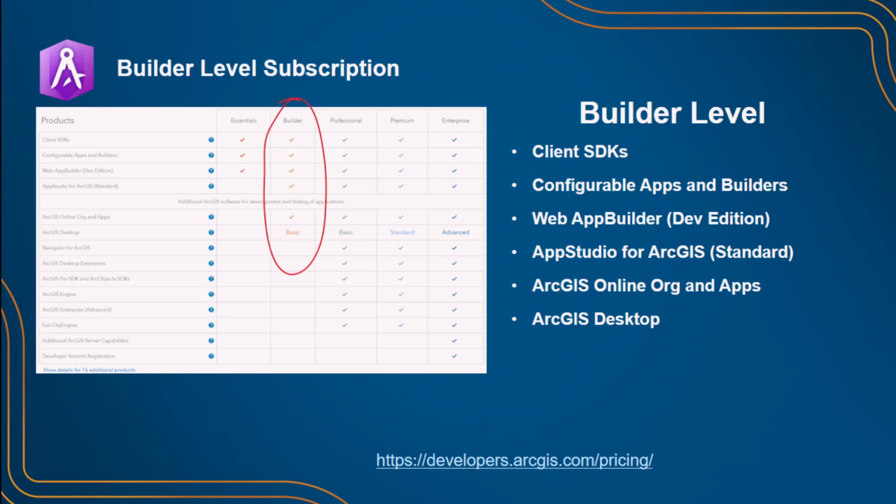I also let you know that, as you can see there, it's the second-to-lowest plan. If you have an EDN license, and we haven't really talked about this in detail, but if you have an Esri Developer Network license today, those will be migrated into the Esri Developer subscription.